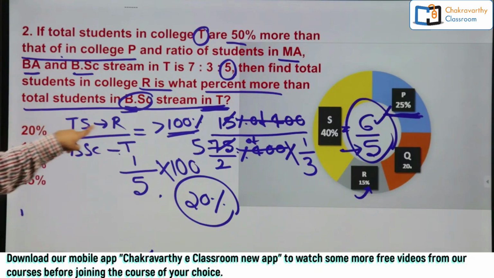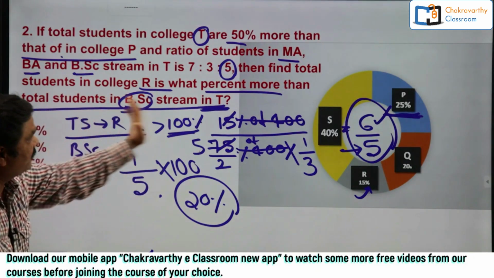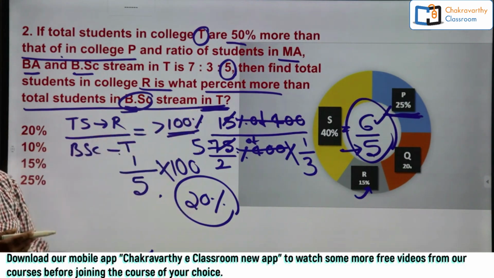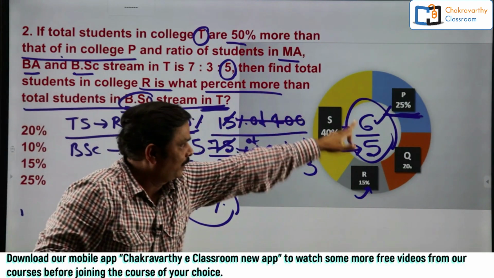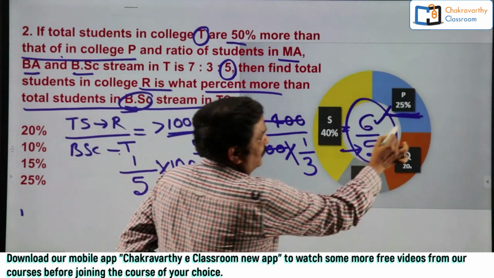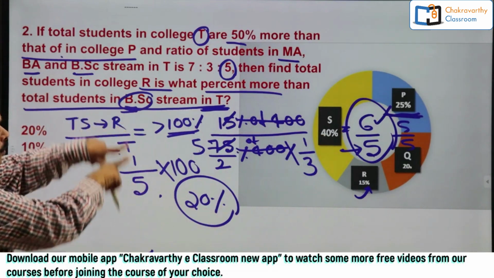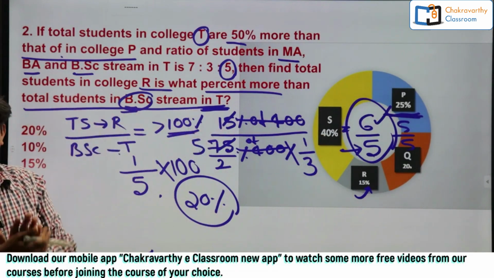So the total students in college are what percent more than BSc stream students in college T. So I converted this directly in terms of percentage. If the fraction is 5 by 5, for example, that means in both cases an equal number of students are there.